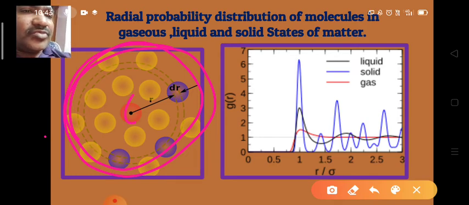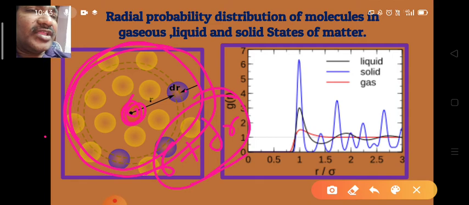For example, assume that we are observing this red ball, and the blue ball is at the distance r from the red ball, and we want to calculate the number of the molecules that are present in between r and r plus dr distance.